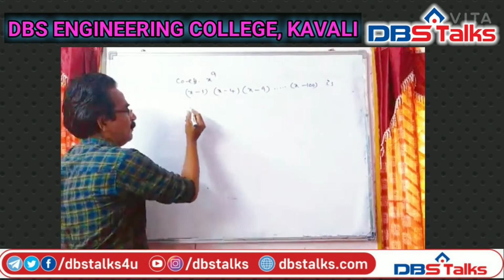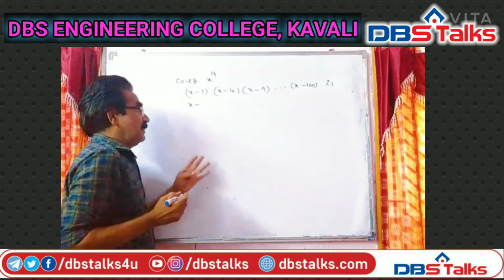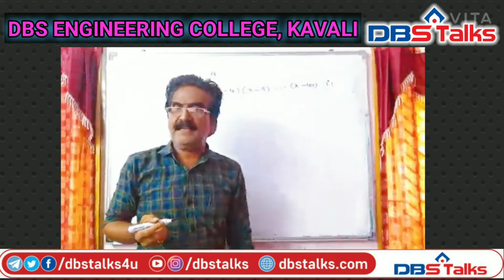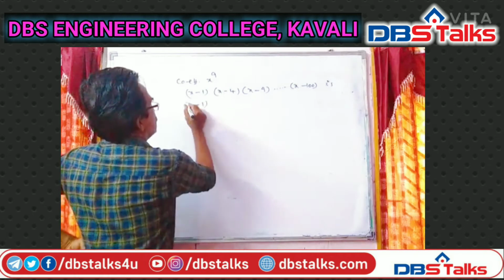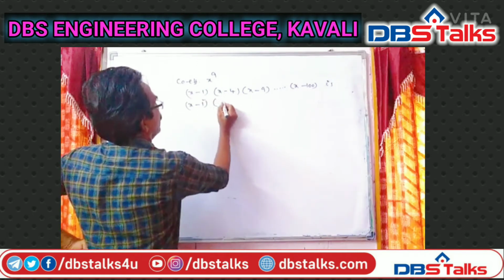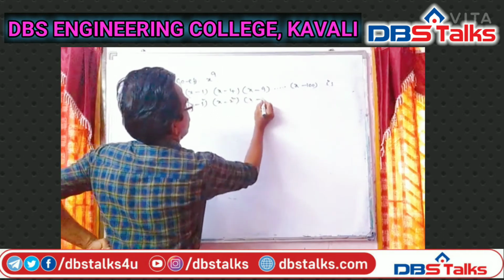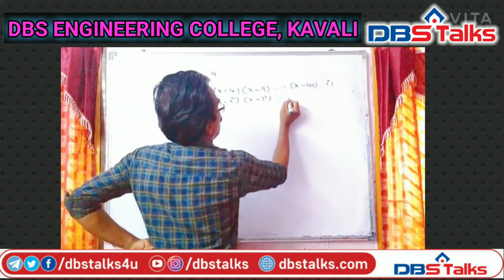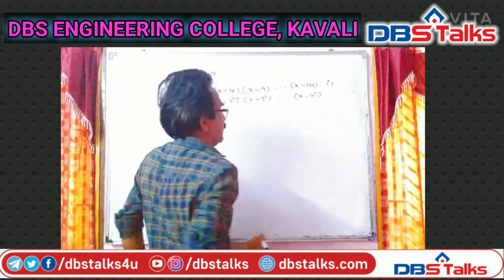See, as we did in the earlier problem, we can do it otherwise: (x minus 1) square into (x minus 2) square into (x minus 3) square and so on up to (x minus 10) square.